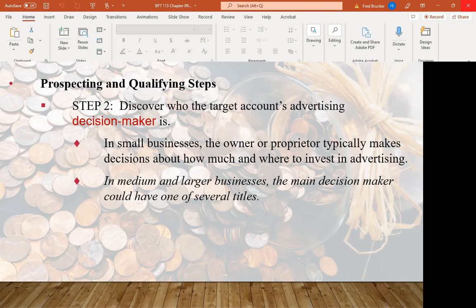If you're dealing with a medium or a larger business, it could be someone that has one of several different types of titles. It could be a manager, it could be a CEO, it could be a CFO, it could actually be someone that deals with media and public relations within the company. You want to try to find out who that is and deal with that person directly.